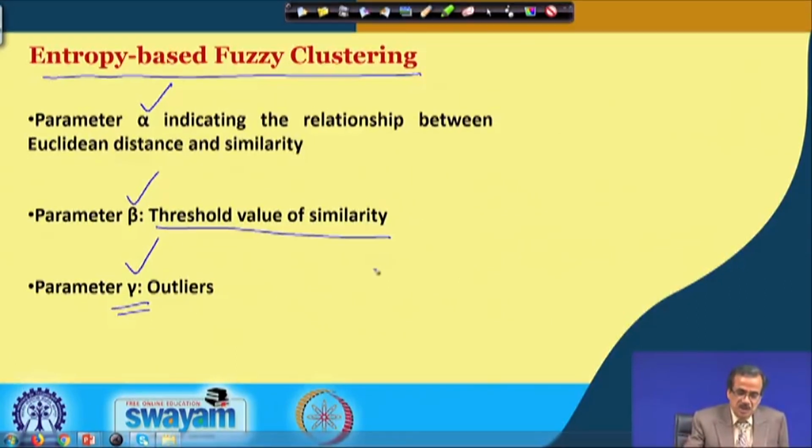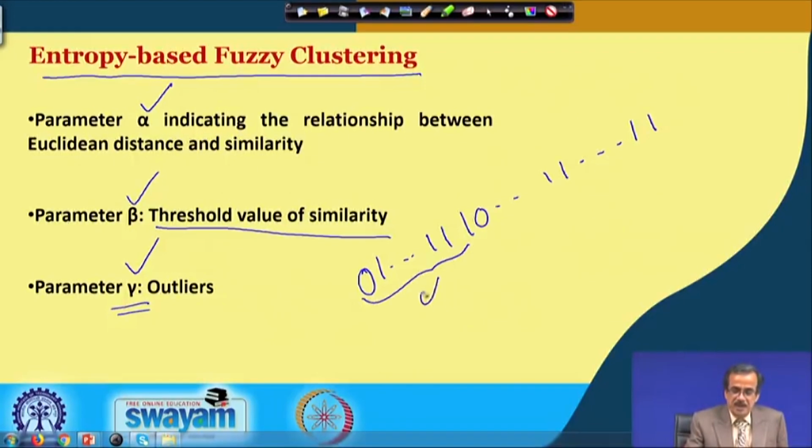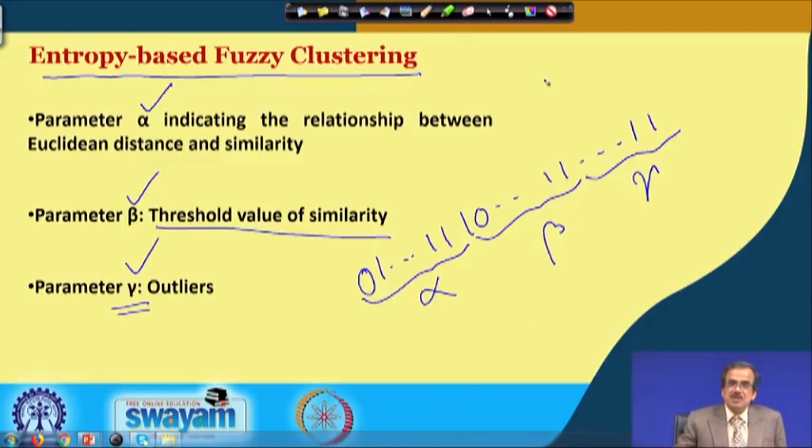Now, in the GA string, if I consider a particular GA string something like this, it can represent the value of alpha, then comes beta, and then comes gamma, and we can generate a population of solutions. Corresponding to this alpha, beta and gamma, it will carry out some sort of fuzzy clustering, and we will get the quality of clusters in terms of distinctness, in terms of compactness, and we can also find out whether there are any outliers or not.